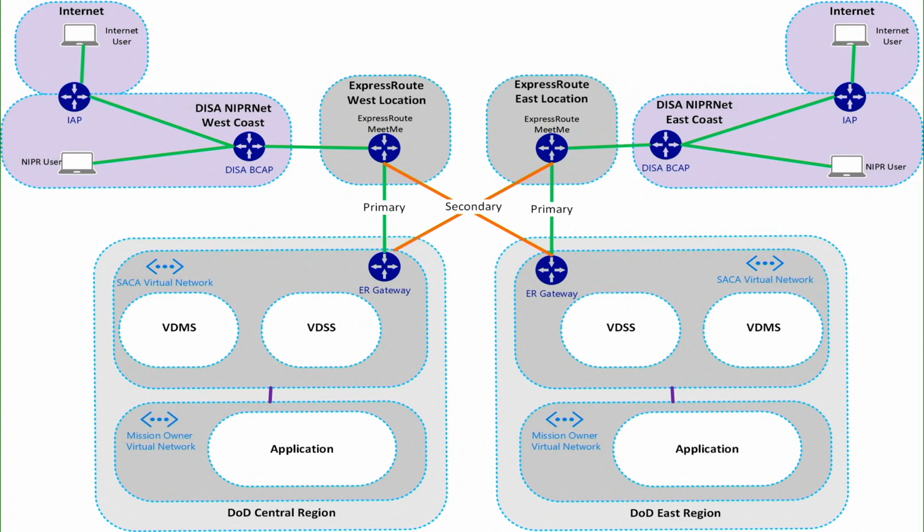And then they will deploy their mission owner applications behind that, and they can deploy as many mission owner applications behind these stacks as they'd like. That enables them to have applications that live closer to the user in DoD Central and/or the East Coast, as well as some high availability. If one goes down, we can reroute traffic over the other, and that's a really scalable and resilient design architecture.